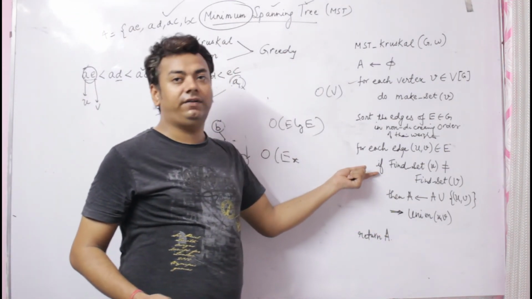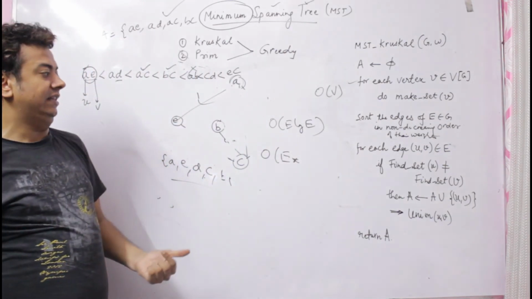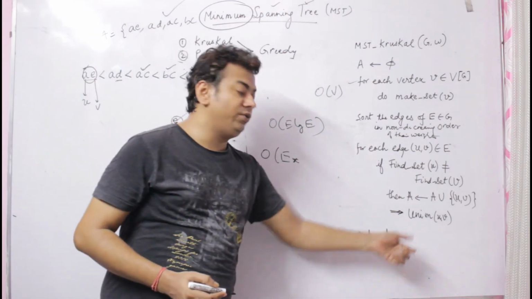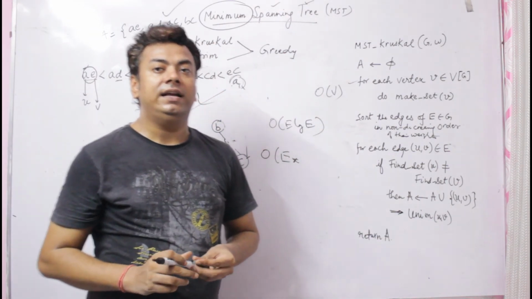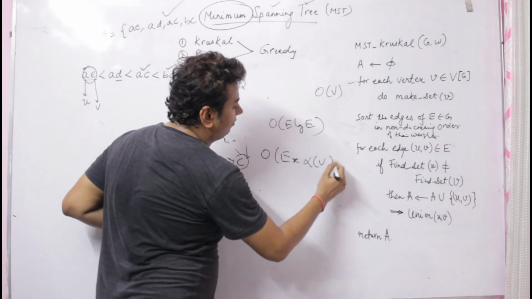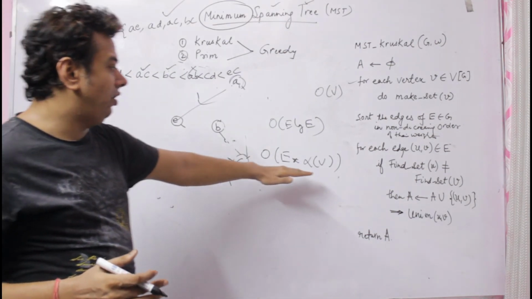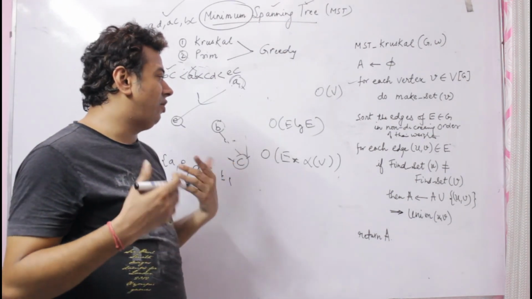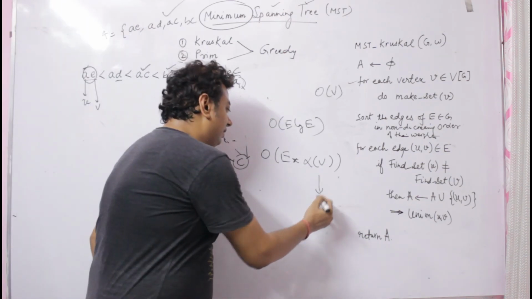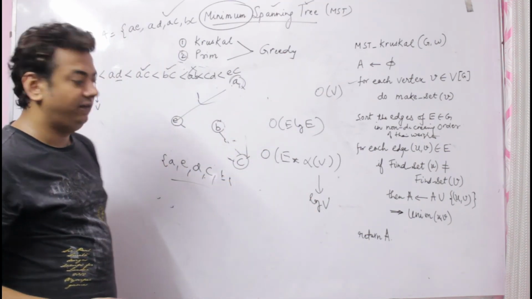We have to check find set, which is O of 1, since it is in a linked list, and then we have to do the union. If you refer to the Cormen book, you will find that the union operation is a sum of order of V, which is a non-growing function, meaning it is not a much growing function, which is almost equal to O of E log V.